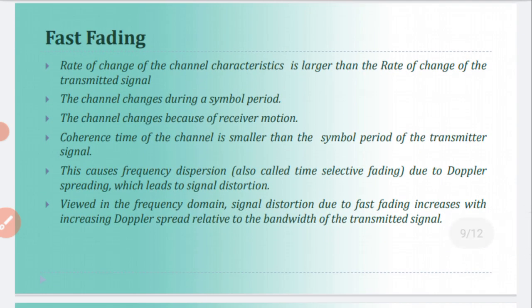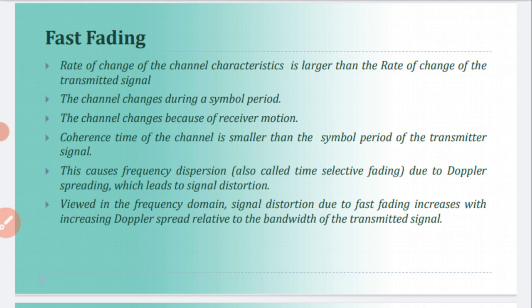Fast fading. What is fast fading? If the vehicle is moving fast, the signal will fade fast. The rate of change of the channel characteristics is larger than the rate of change of the transmitted signal, so we call it fast fading.